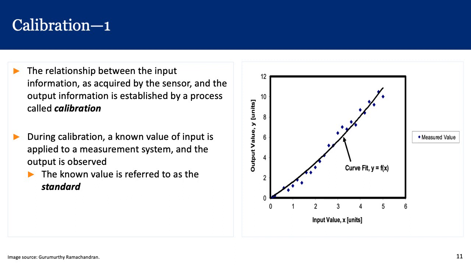Then we put in another known input of 1 liter per minute, and we see that the distance traveled is about 0.7 centimeters. For different values of input airflow rates, we find out the distance that the float traveled. In this manner, we construct a calibration curve, a curve that shows the relationship between the input and output values.